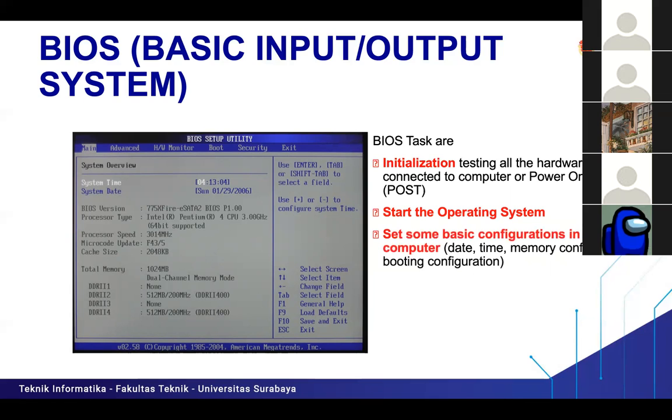Maybe you have two operating systems on your computer, so you can use dual booting, and to set up the dual booting configuration you can use the BIOS setup utility. You have two hard drive partitions. In the first partition, maybe you put the Windows operating system, and in the second partition you put the Linux operating system.